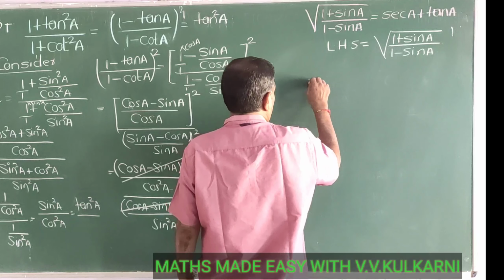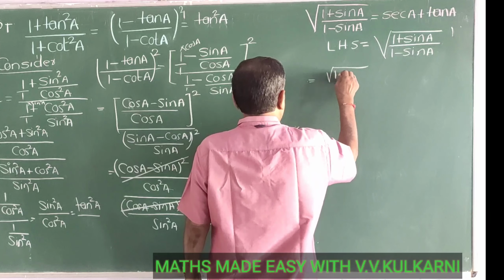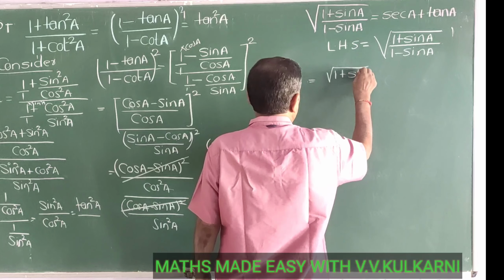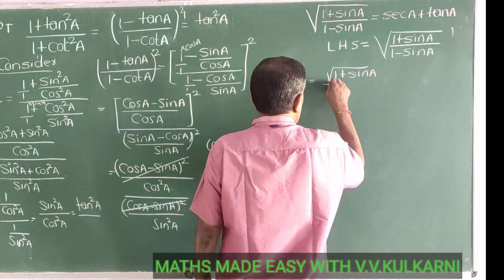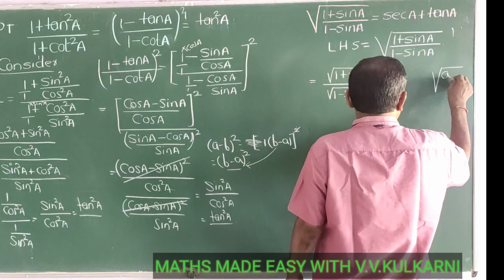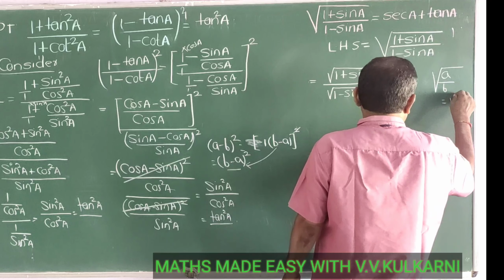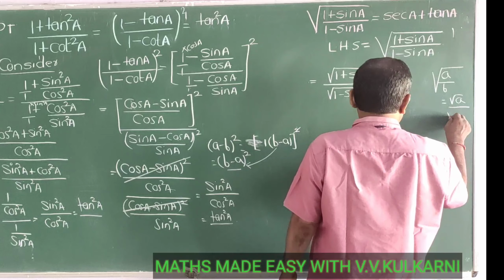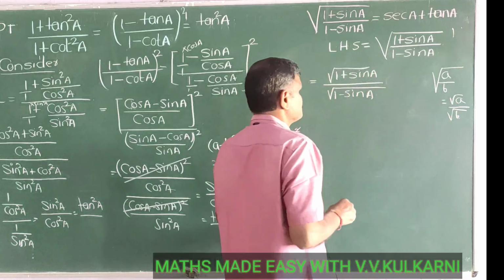So this can be written as under root 1 plus sin a by under root 1 minus sin a. What I have done here is, under root a by b is equal to root a by root b. I have used that formula.